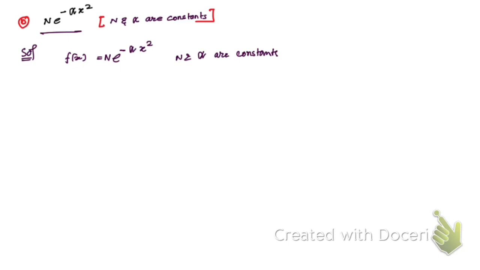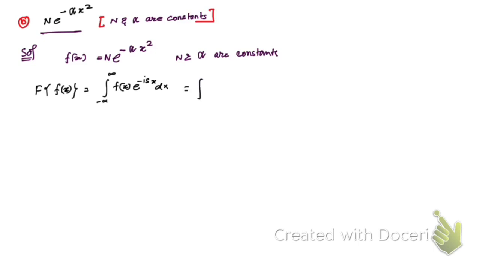By definition the Fourier transformation of f of x, we can write minus infinity to plus infinity f of x e to the power minus is, now we have to write x dx, right? So that's what we have. And let's put what is f of x here.